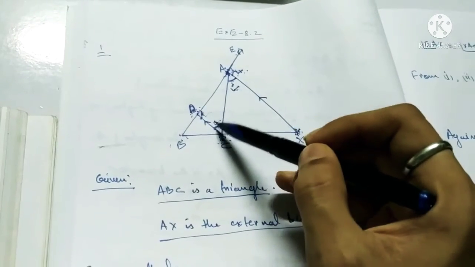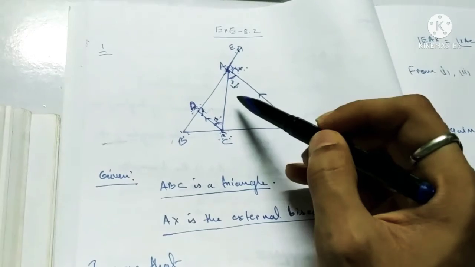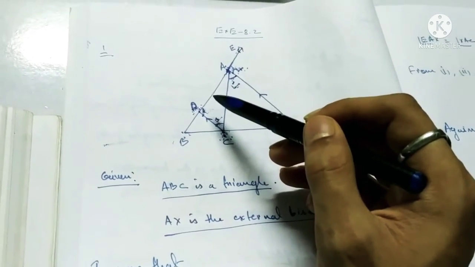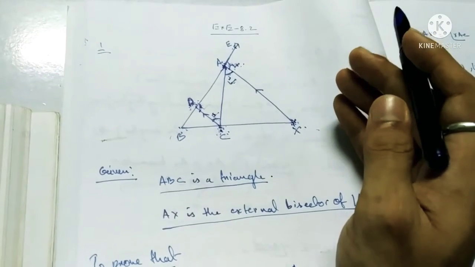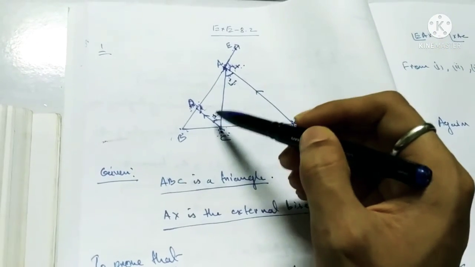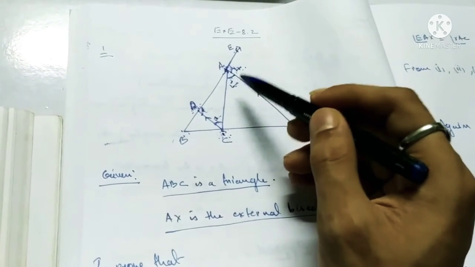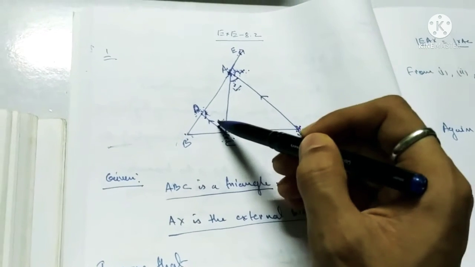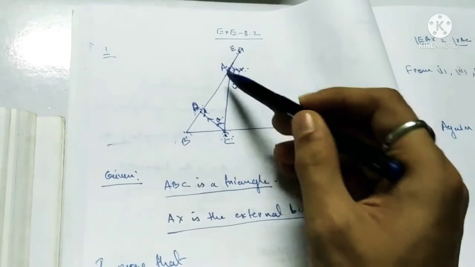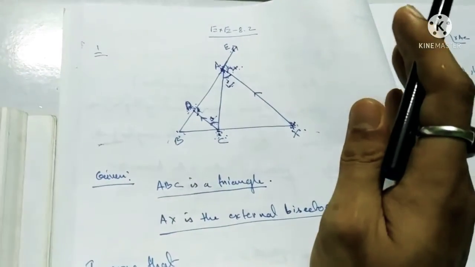If two angles of a triangle are equal, then the sides opposite to those equal angles are also equal. This angle is equal to this angle, so this side will be equal to this side. Finished? This one we got.